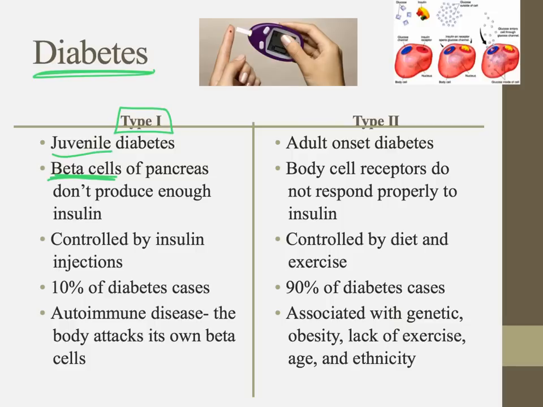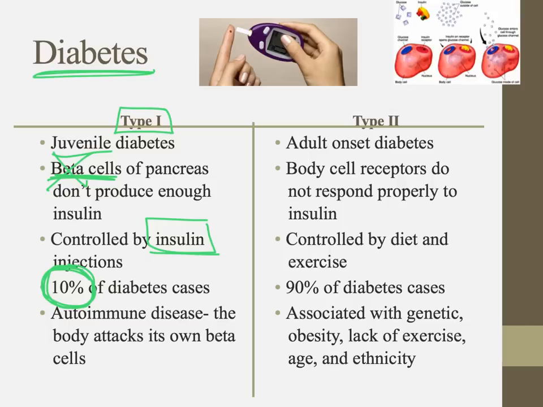This we can control by insulin injections. If our beta cells aren't working, we can just do their job for them by injecting insulin into our bloodstream. This really represents a very small portion of diabetes cases. What's happening here is it's an autoimmune disease. The body is attacking its own beta cells. There is nothing that these people can do about this.